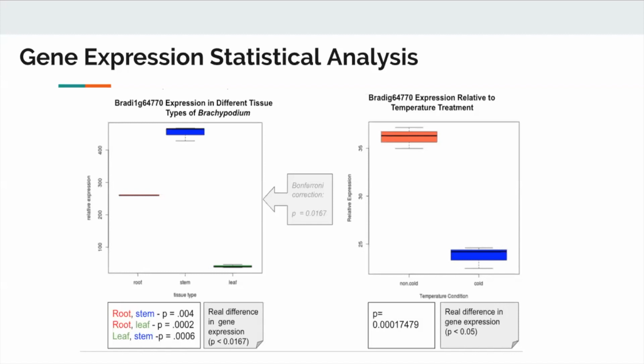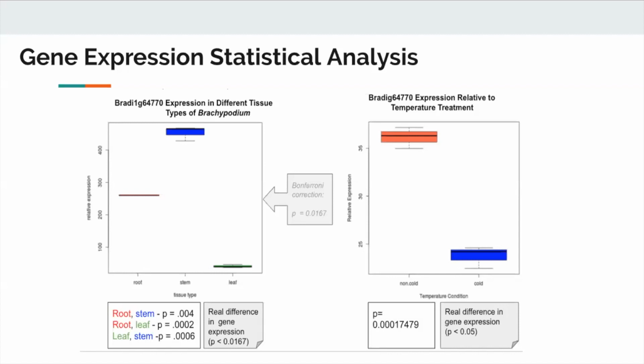Pictured on the left is a t-test performed comparing gene expression in roots, stems, and leaves of the plant. Our conclusion is based off of the p-values calculated from the t-test with the threshold of 0.0167 according to the Bonferroni correction.